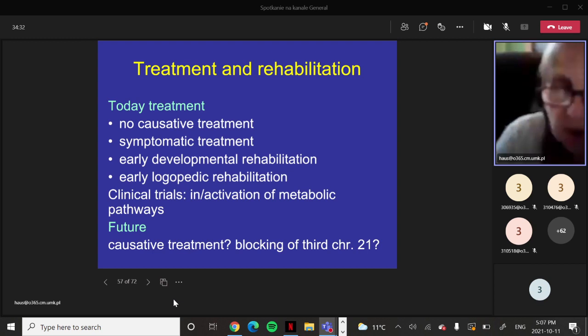So they will always have Down syndrome, but maybe their intellectual functions will be ameliorated. Maybe the intestinal functions will be better, and so on.